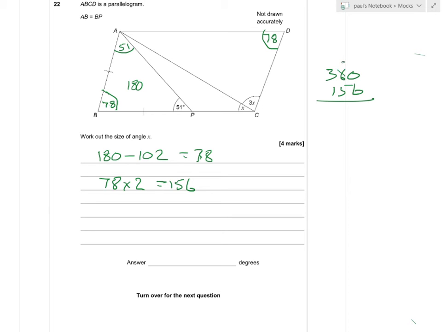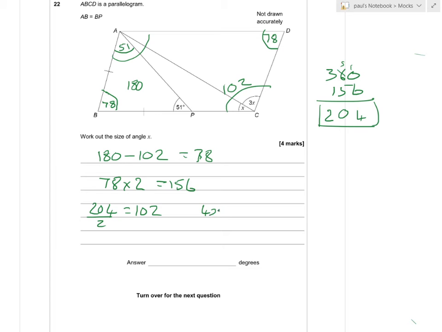We're left with 204 degrees. So this one and this one are 204 degrees between them. Now we only need to find one of them. If we take the 204 and halve it, we get 102. So this angle here altogether is 102.